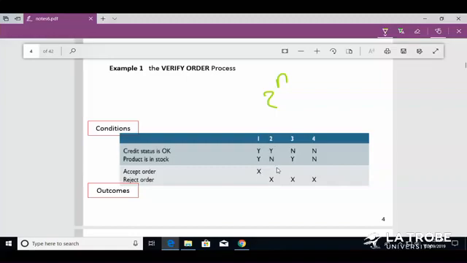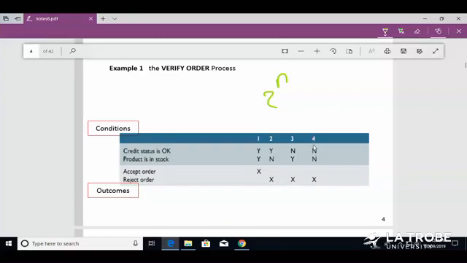Look at the second rule here. When the credit status is okay, while the product is not in stock, meaning no, the outcome is reject order. Third rule: when the credit status is not okay, something is wrong with the credit status, for example, it's expired or you don't have sufficient funds, while the product is still in stock, the outcome is still reject order.